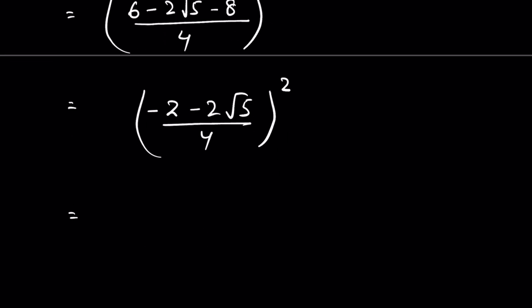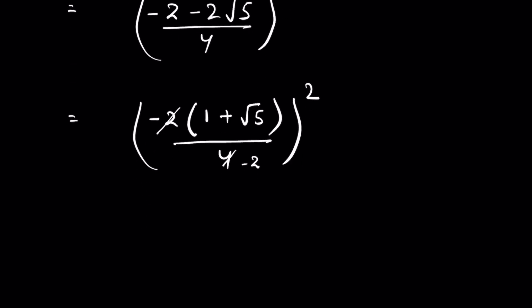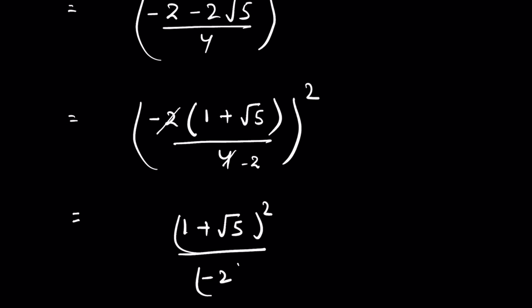Now again let's take minus 2 common here. Then it is 1 plus square root of 5 upon 4 whole squared, or we take minus 2 here. Minus 2 times minus 2 is 4. So we have (1 plus square root of 5) whole squared upon (minus 2) whole squared.